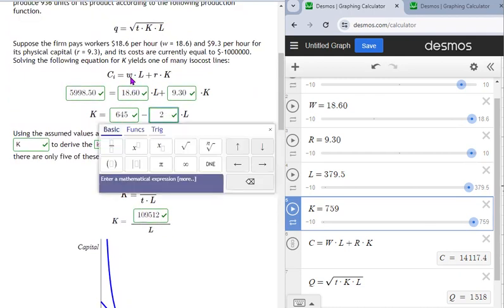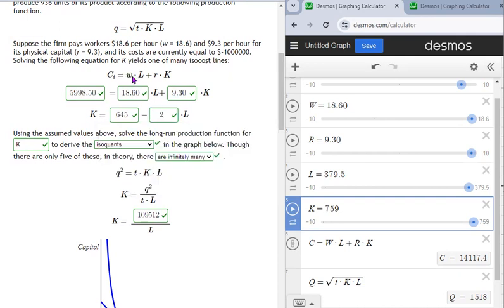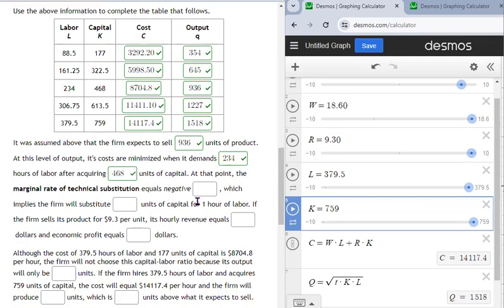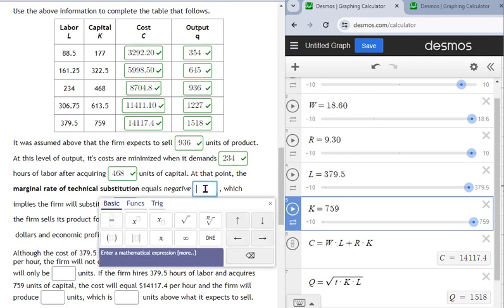And 2 is the ratio of the wage rate divided by the hourly price of capital, right? The per hour cost of capital. You divide this by that. And it happens to be 2 here, right?